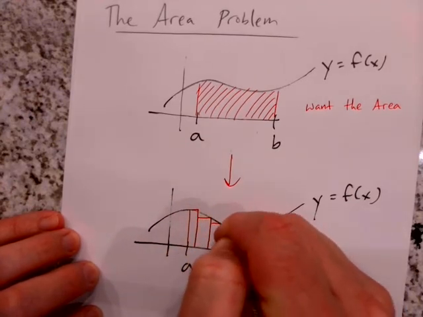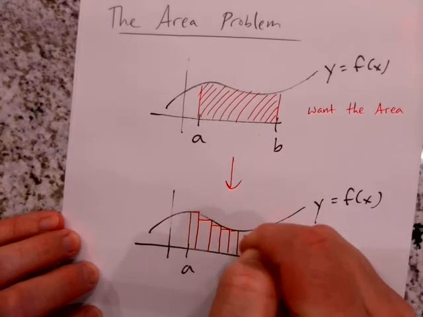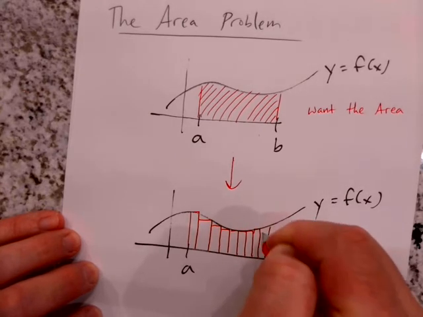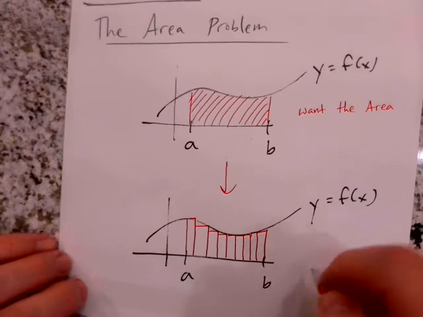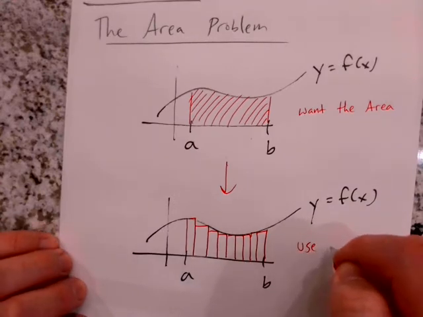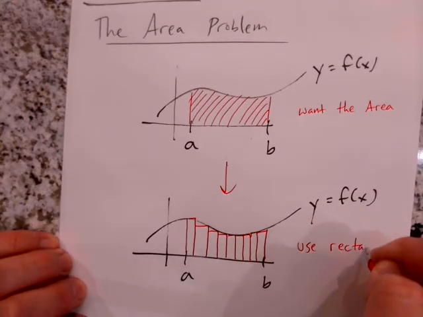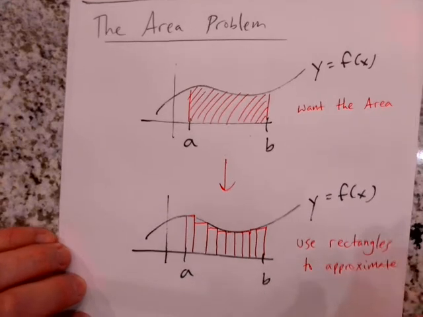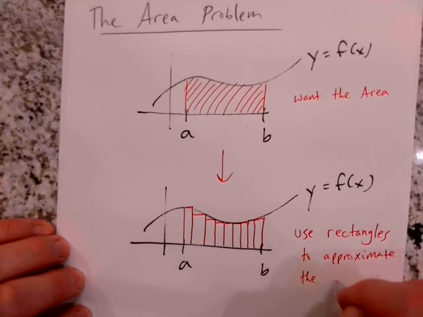We have a formula for rectangles. So we break our region into some finite number of rectangles, and we use those rectangles to approximate the area. It won't give us the exact area, but it'll give us an approximation.